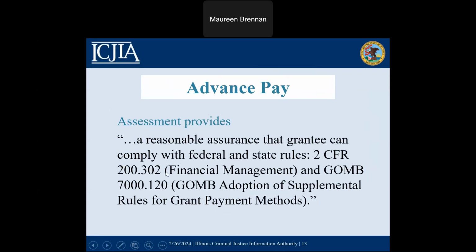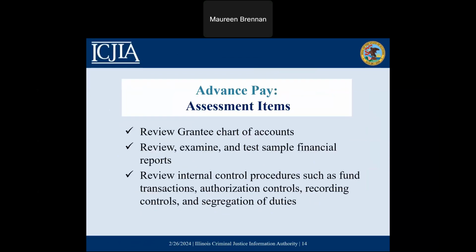So this assessment is just taking a look to see if your agency has a reasonable expectation of being able to comply with these state and federal rules. The way that the contractor will do that is they're going to look at your chart of accounts. They're going to review, examine, and test sample financial reports.